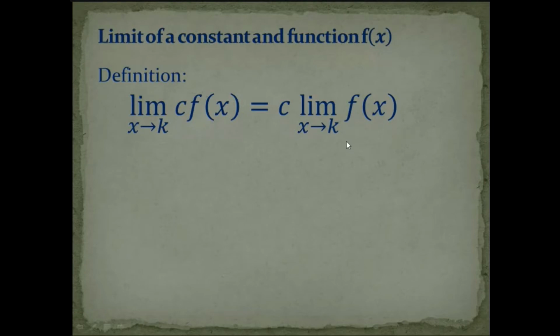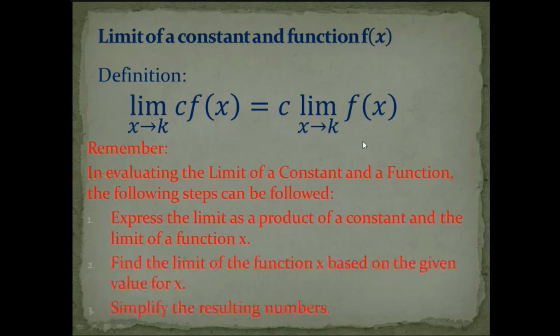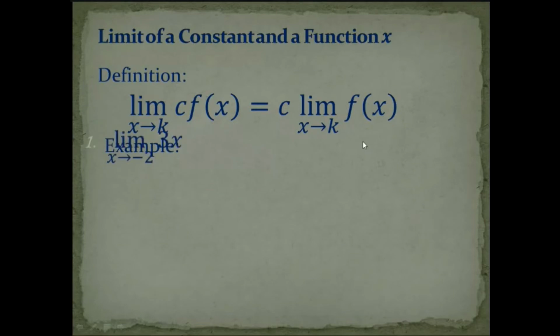Halimbawa, limit of 3x as x approaches negative 2. So ano yung approach dito? Ito yung magiging, yung constant natin ay 3. So 3 times the limit of x as x approaches negative 2. Okay.